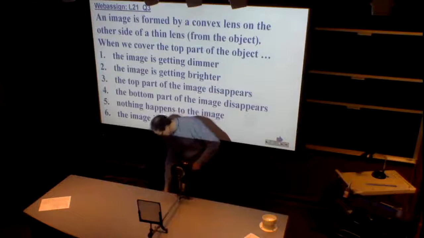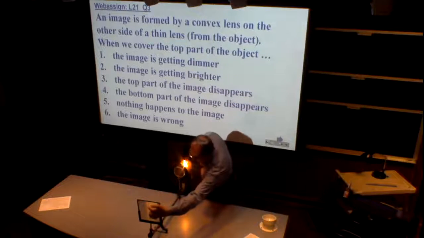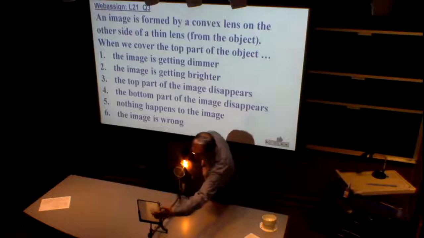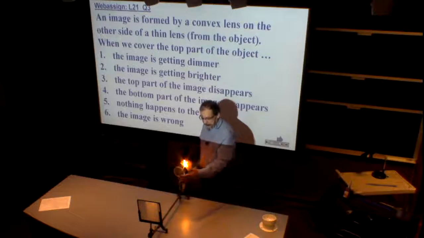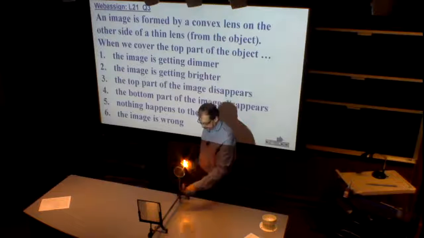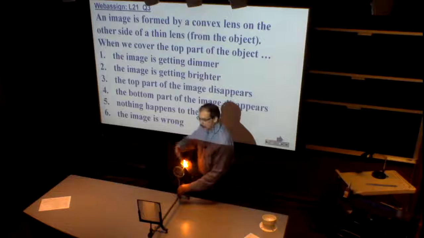And now on this foggy screen you can see a light, but that's not an image, not a focused image. So what do we do? Well, we can move any of these objects.